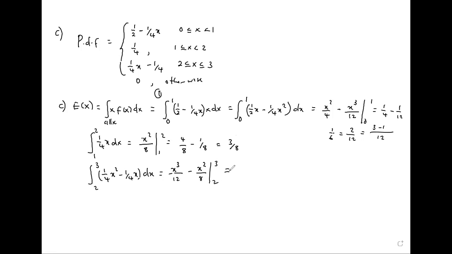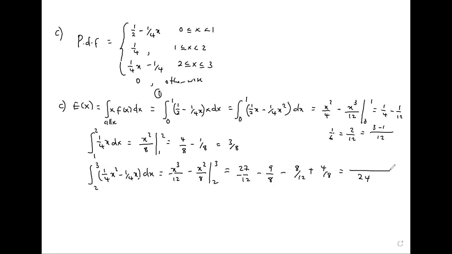You take 3 there, you get 27 over 12 minus 9 over 8, minus, you take 2, you get 8 over 12 plus 4 over 8. This is giving us, I think we just use a common denominator of 24. 8 can't go in 36, but 12 and 8 can both go in 24.